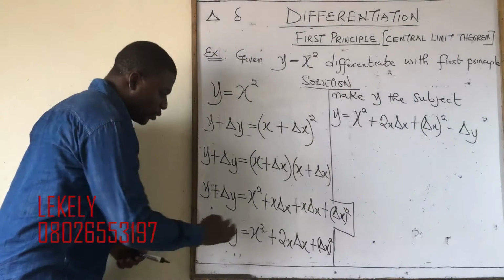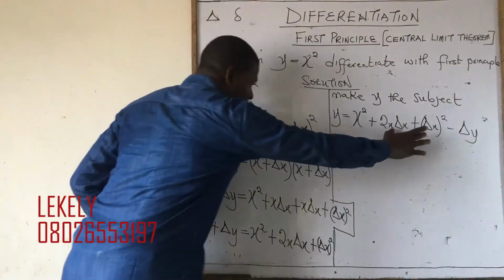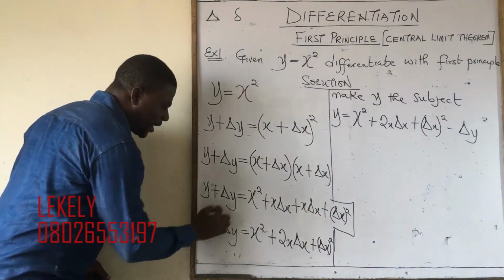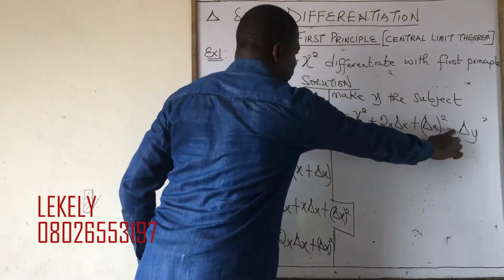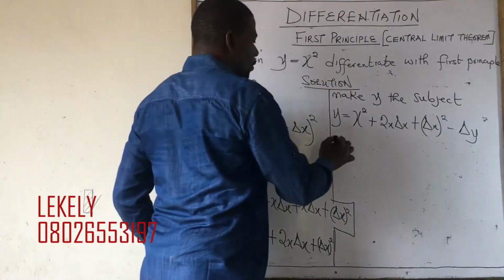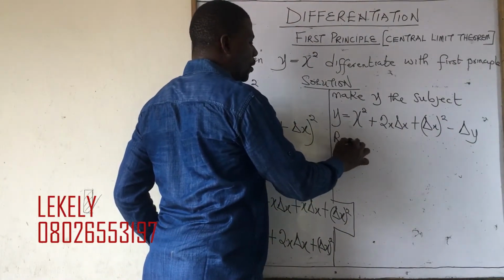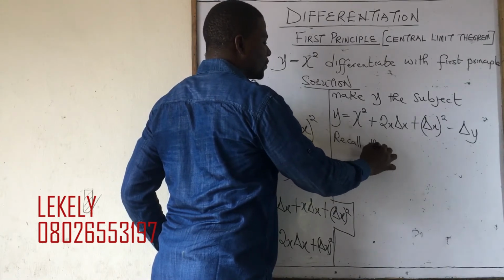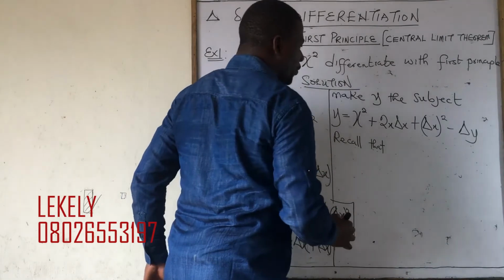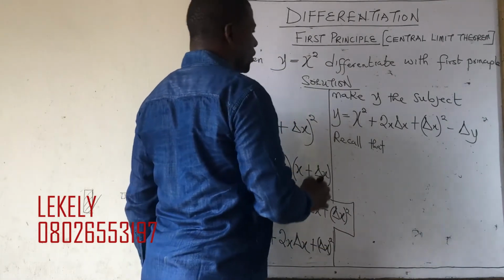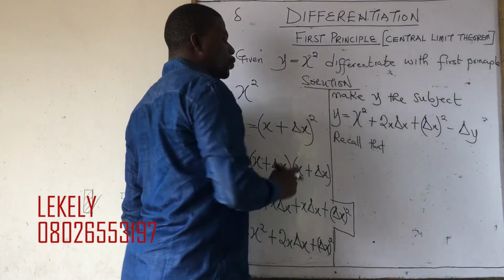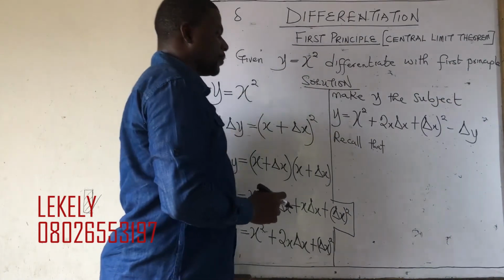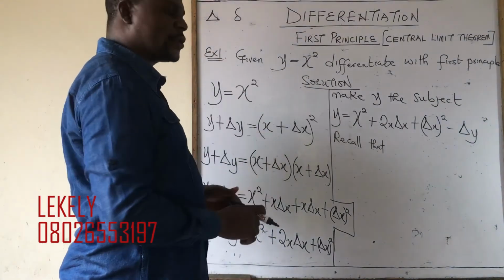You see that? I wrote everything at this side first. Then this plus change in y, bringing it here, it will change to minus. So I will now say recall that y equals x squared.